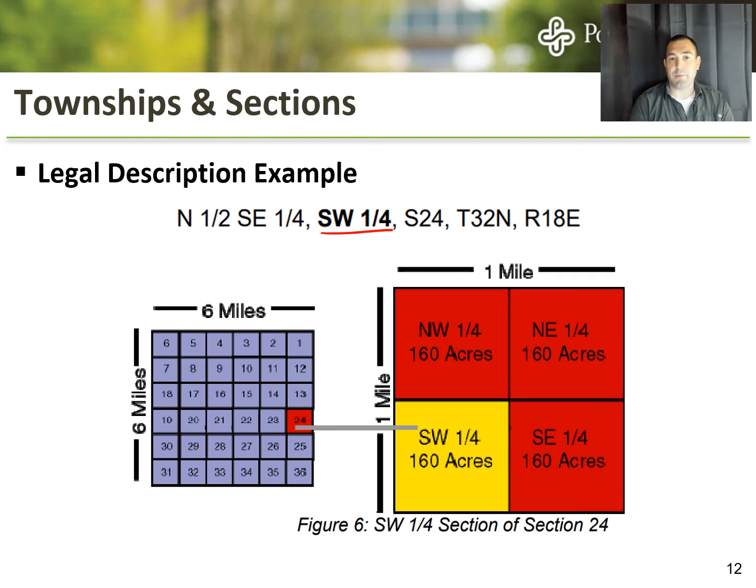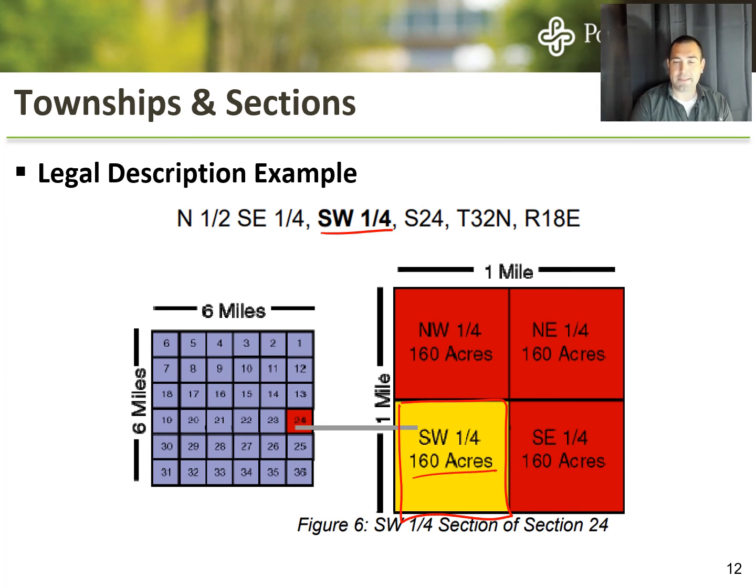We can break this up into quarters, and it would be the southwest 1/4. So it would be this 1/2 mile by 1/2 mile area, right? It's a quarter of the total area. And so 1/4 of 640 acres, this is a 160 acre parcel.